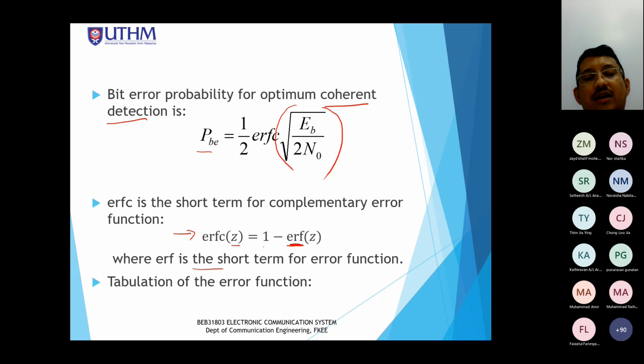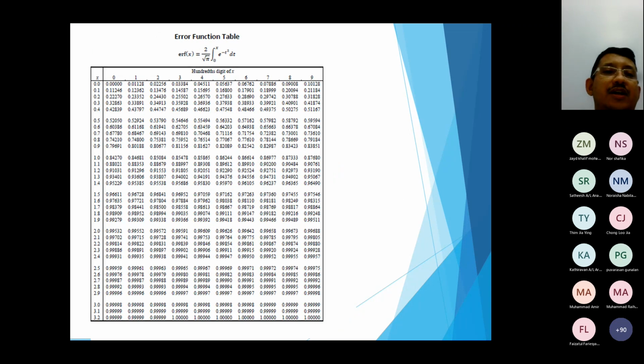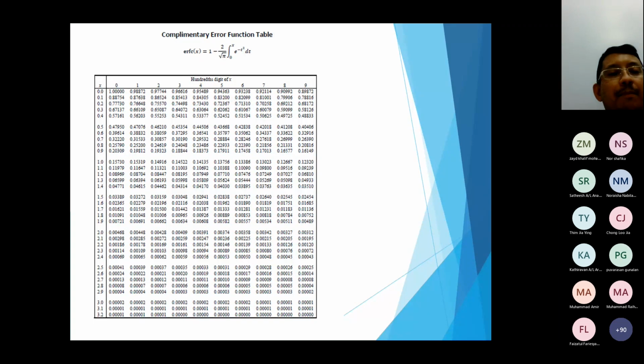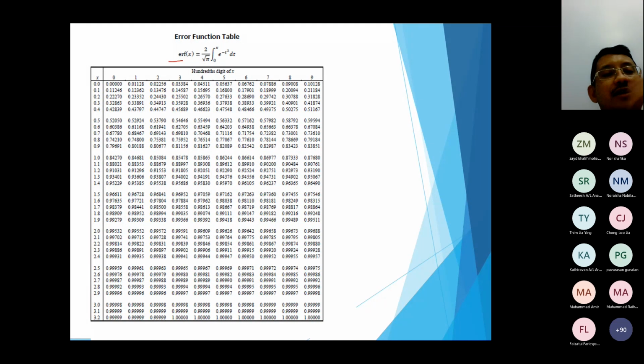So you see that there are two tables here. The first one is the error function table. The second table is the complementary error function. So how do we read these tables? For the first table, perhatikan class. For example, the input X is 0.4. This table consists of X values from 0.0 until 3.2, with another decimal point from 0 until 9.